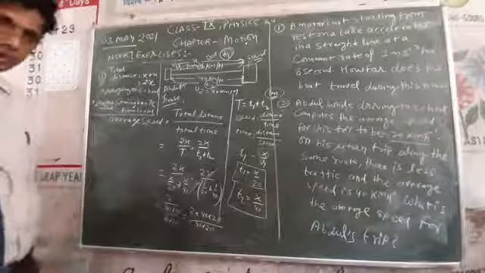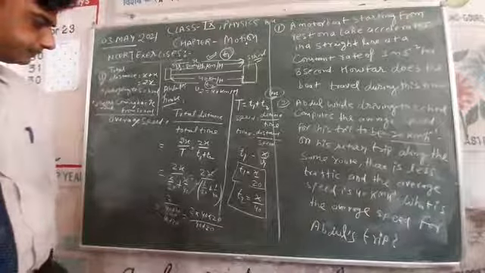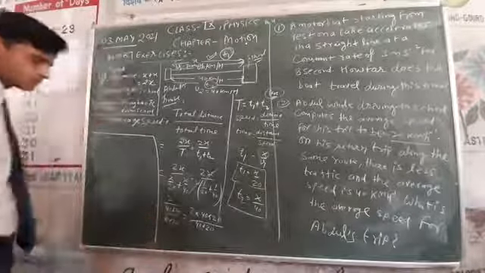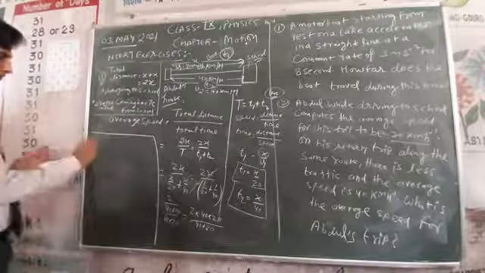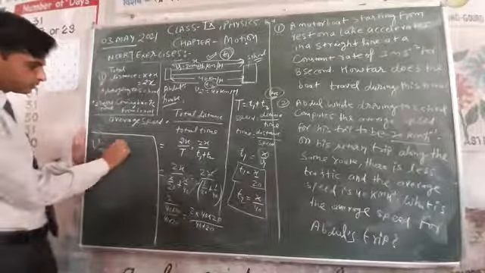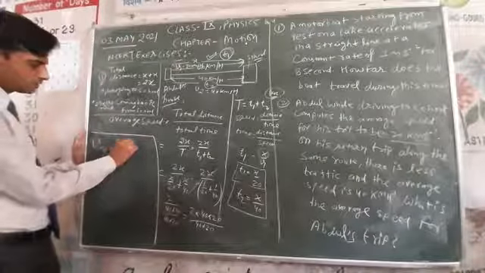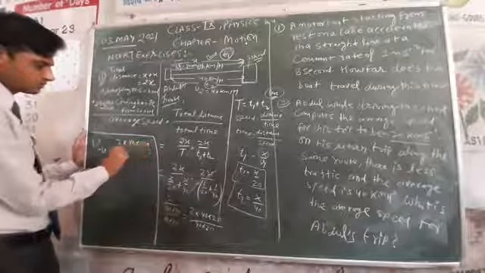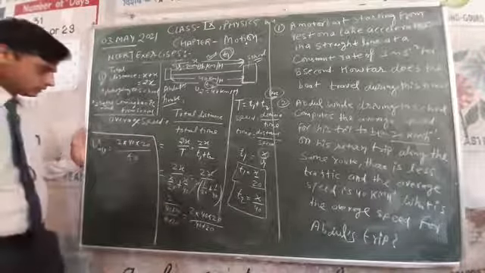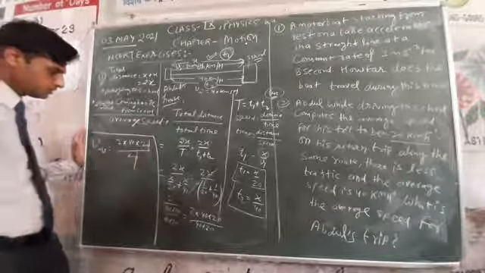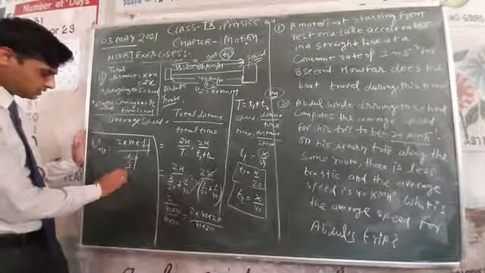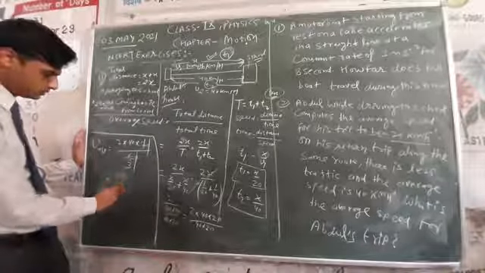I hope you can solve this easily. So v average equals 2 into 40 into 20 upon 60. 0 cancels by 0, and 6 by 2 is 3, so it is 80 upon 3.